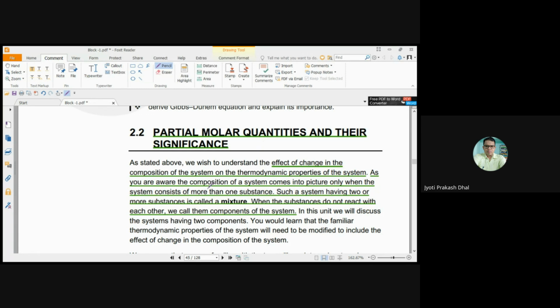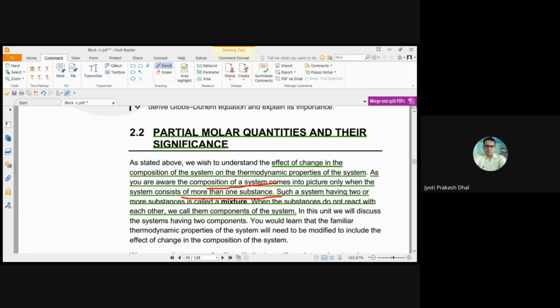And again we know that composition of a system comes into the picture only when the system consists of more than one substance. If the system contains one substance, then the composition is 100%. If the system contains more than one substance, suppose a binary system or ternary system, then the composition term will arise.